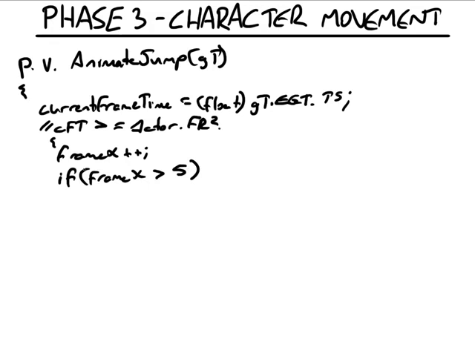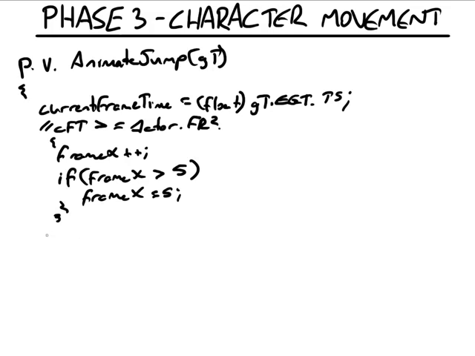So if we've gone past 5, we're just going to say frame x equals 5. There we go. Don't go over if you don't have to. And that'll finish you off, essentially.